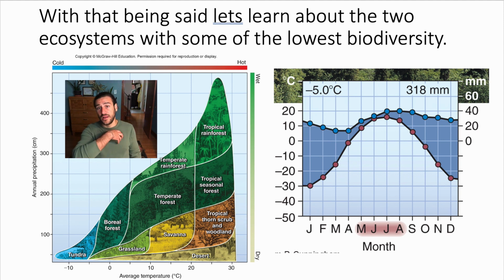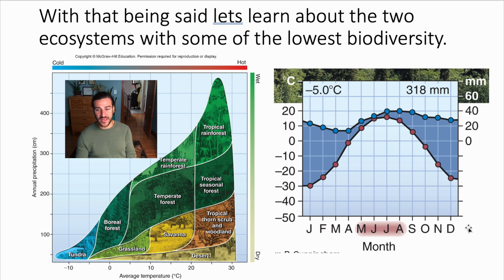So let's now focus on these biomes that have a very limited biodiversity. So here we are looking at boreal forests. And in boreal forests, you can see that there are just 4 months out of the year that are above freezing.